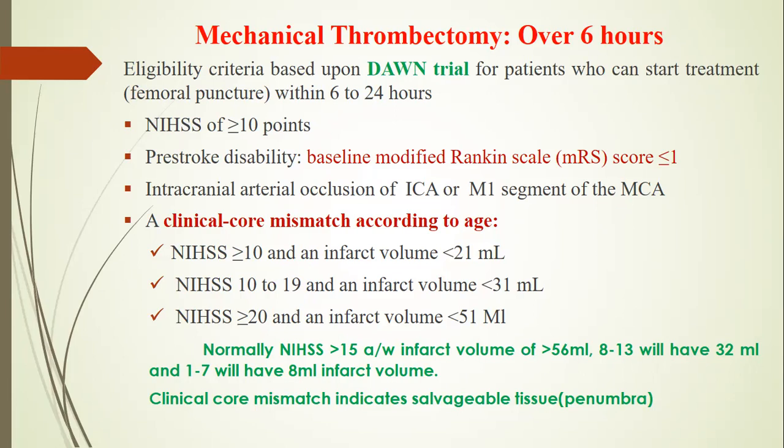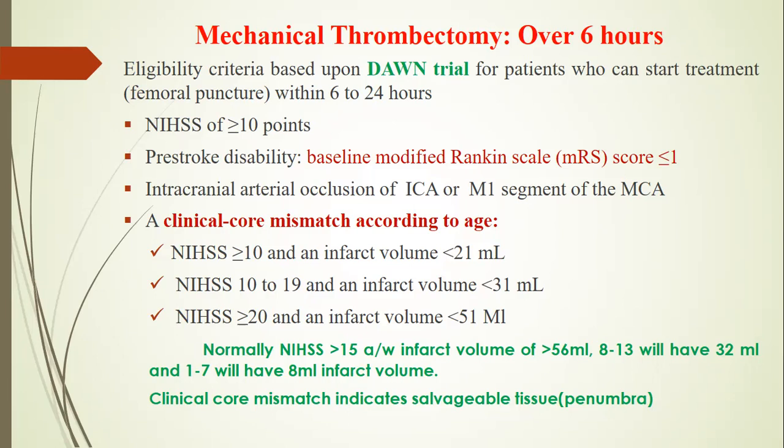So the clinical core mismatch according to age: what does it mean, sir? They have classified the NIHSS scores as less than 80 years and more than 80 years. If I put those slides, it would be difficult for you. They divided the NIHSS score and infarct volumes into different age groups.